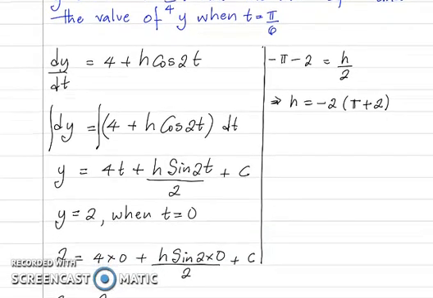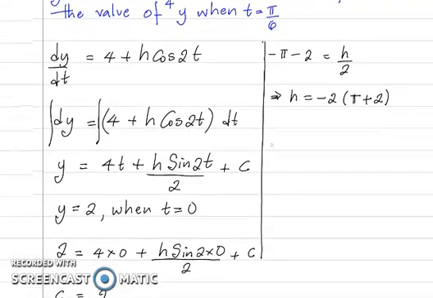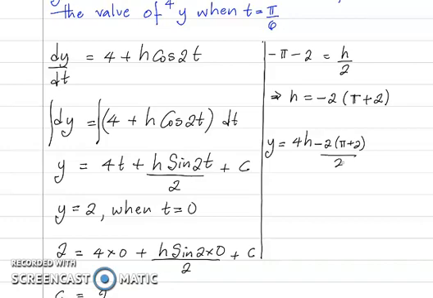So let's put this into the equation. So we have y is equal to 4t, and then h, which is minus 2 pi plus 2, all over 2, the sine 2t plus 2.